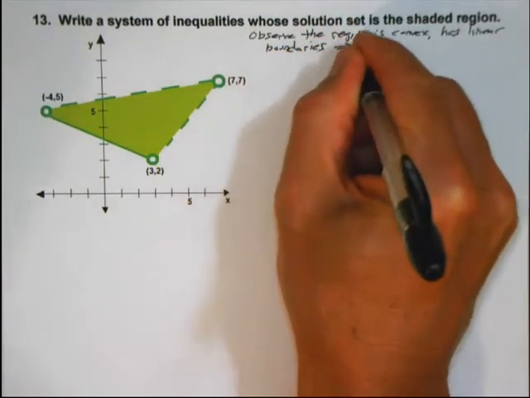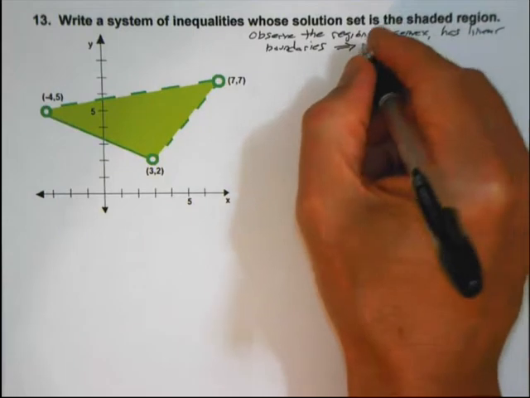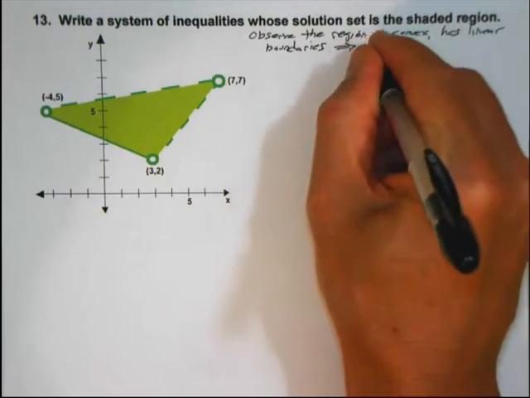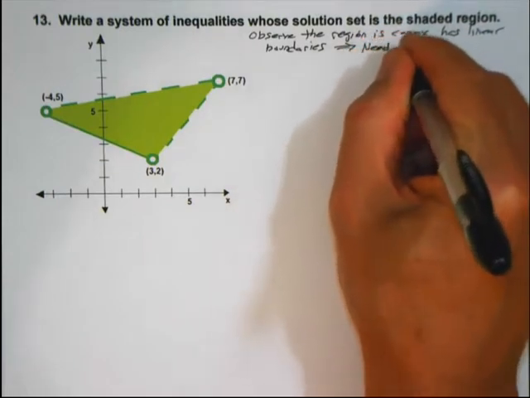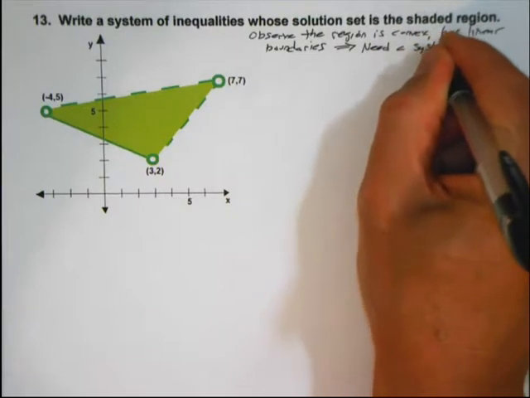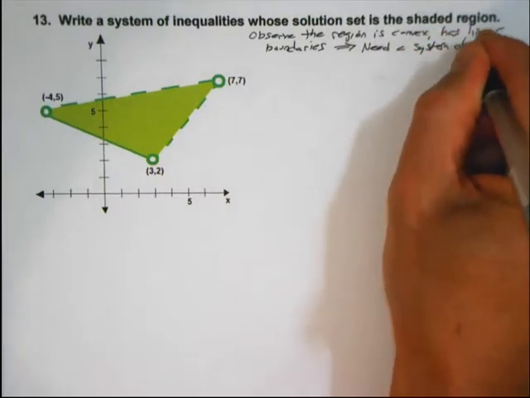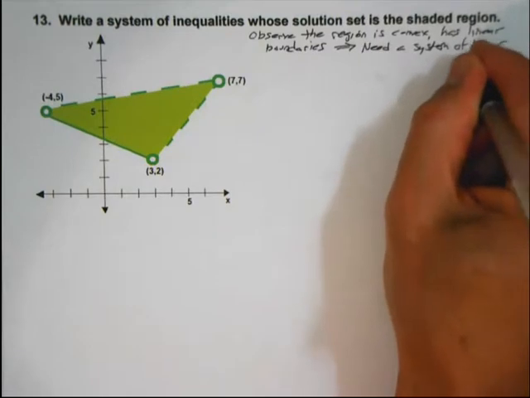This means the implication is that a system of linear inequalities will work. Need a system of linear inequalities.